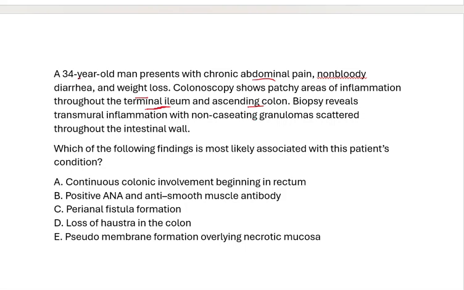Skipping lesions. Biopsy reveals transmural inflammation and non-caseating granuloma scattered throughout the intestine. So this classic presentation is concerning for what? Crohn's disease, right? This is a classic presentation of Crohn's disease. So which of the following findings is most likely associated with this patient's condition?